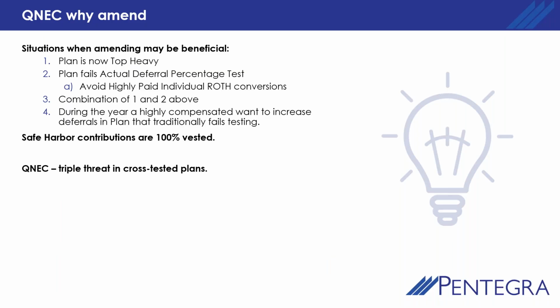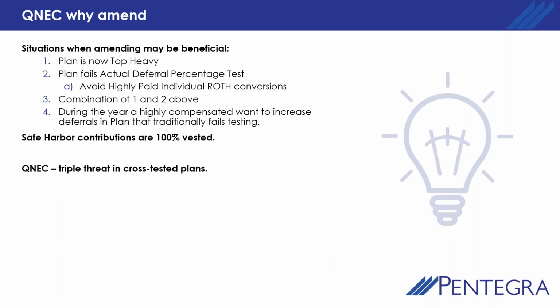That's another time, for example, when the plan fails ADP, ACP, and if the client doesn't want to distribute income back to the highly compensated, they can adopt a safe harbor plan.